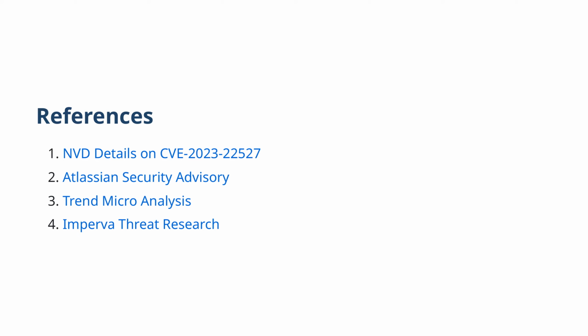Atlassian's Security Advisory will offer insights directly from the vendor and any official recommendations for mitigation. 3. Trend Micro's analysis gives an expert perspective on the exploit, including potential risks and real-world scenarios. 4. Lastly, Imperva's threat research provides an in-depth look at the nature of this vulnerability and its broader security implications. These references will help you stay informed and bolster your efforts to maintain a secure environment.